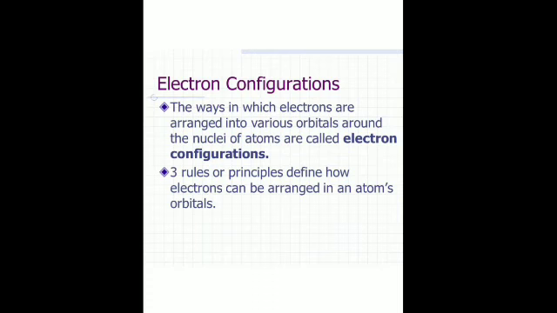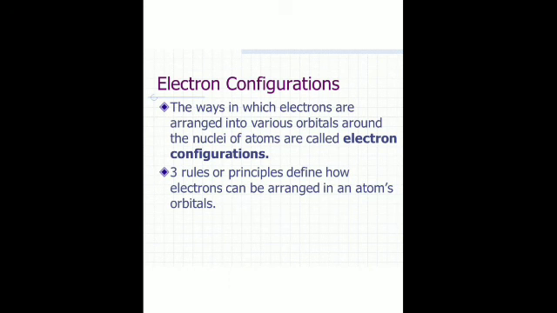So electronic configuration, or over here it is electron configuration, is the distribution or the way in which electrons are arranged into various orbits or shells around the nuclei of atoms. That is known as the electronic configuration.